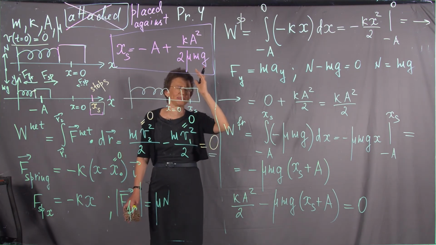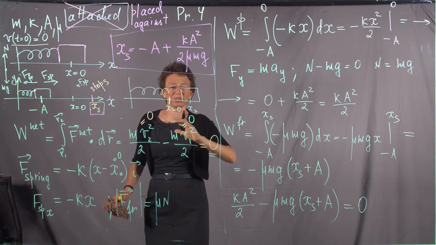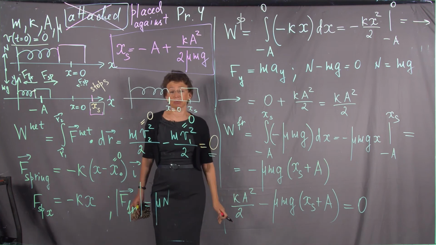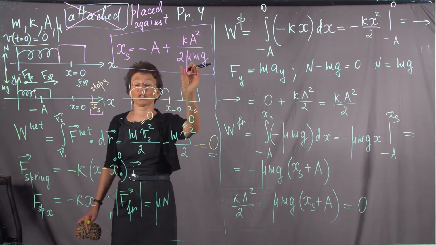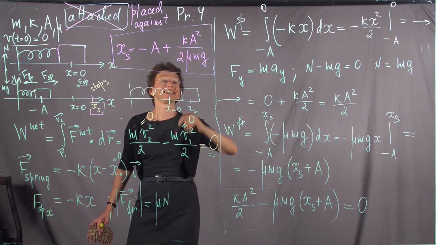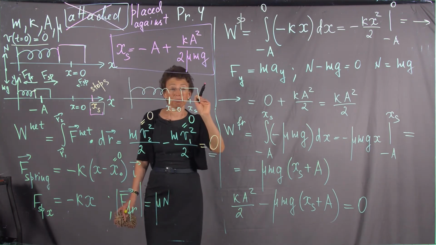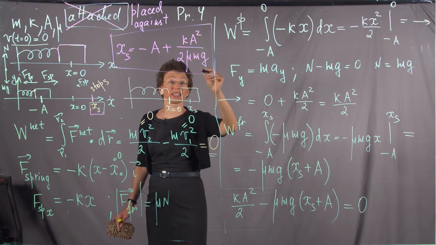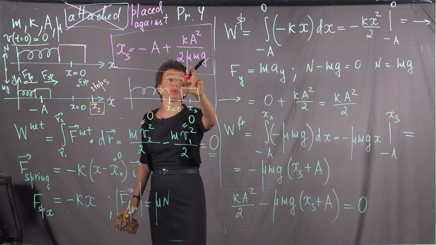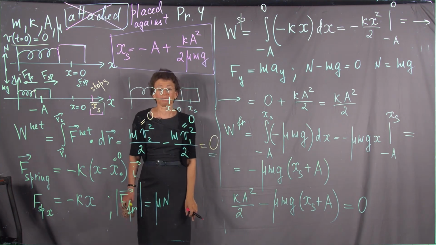If mu is 0, then 1 divided by 0 is infinity. And yes, it works. We understand what's going on. But since there is friction, it will be minus a plus this coefficient that we calculated. And please pay attention that we express our answer in terms of what is given. A was given, mu is given, mass was given, and k was given. Problem solved.